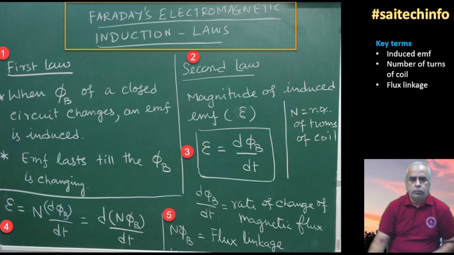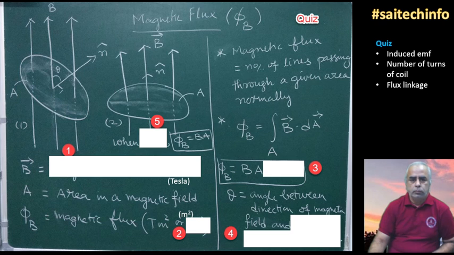Now let us go ahead with a small quiz. Can you tell me what is the first fill-up? That is, a B vector is equal to what? Second question, phi b is equal to magnetic flux and it is given as Tesla meter squared.